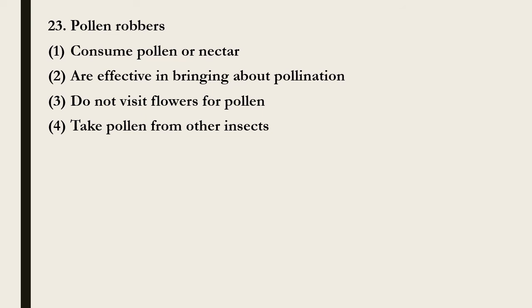Question number 23. Pollen robbers. Options: 1, consume pollen or nectar; 2, are effective in bringing about pollination; 3, do not visit flowers for pollen; 4, take pollen from other insects. Here the pollination is occurred by insects.